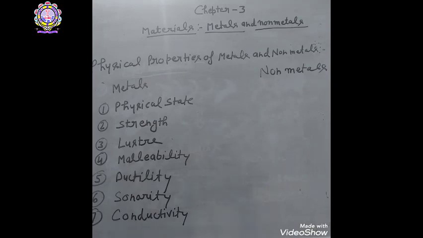This is a characteristic property of metals. Gold and silver are the most malleable metals. But non-metals are not malleable. They are brittle and break into pieces on hammering.